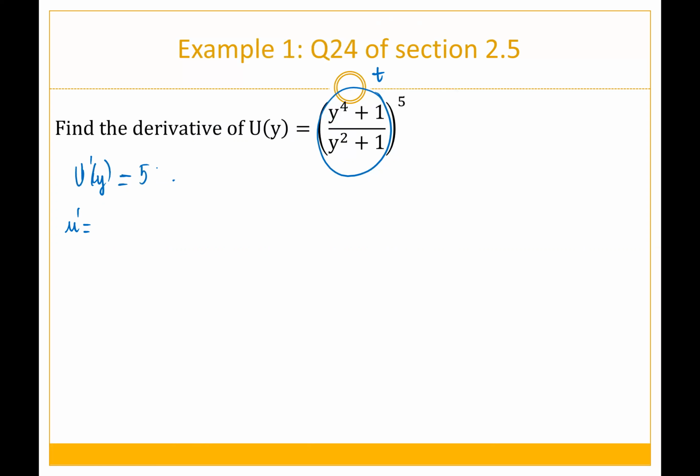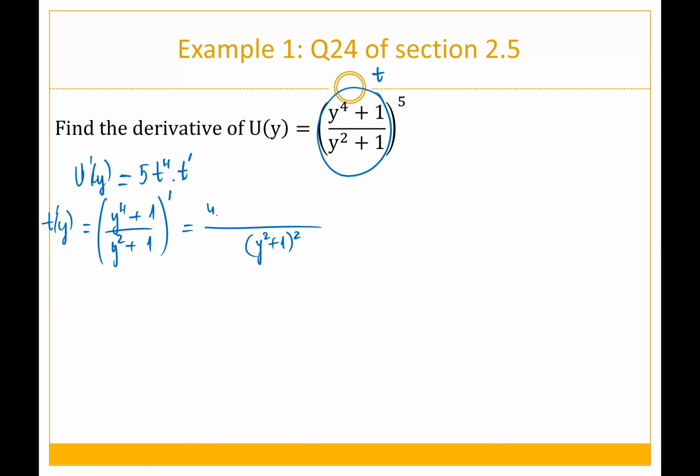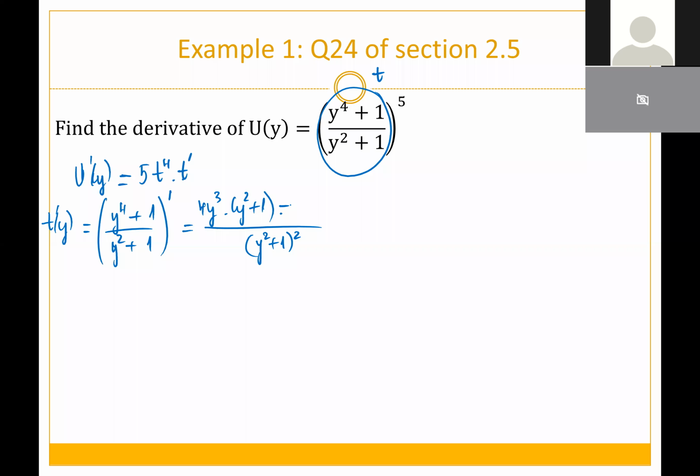Then it should be t to the fourth multiplied by t prime. Now what is t prime with respect to y? We have y fourth plus 1 over y squared plus 1. Now take the derivative of that. This is where we're going to use the quotient rule.